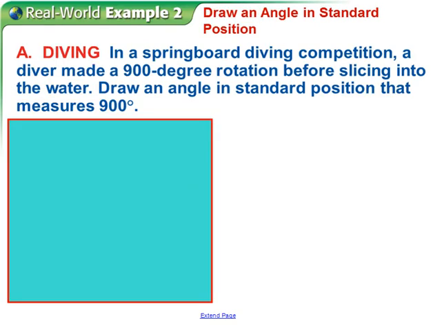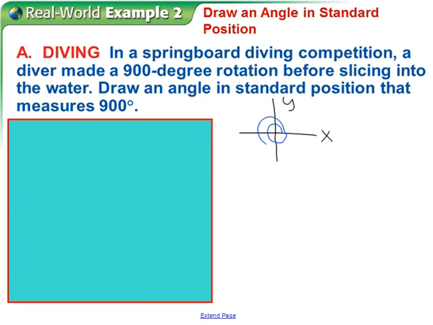Okay, next example. A springboard diving competition. A diver has made a 900-degree rotation before slicing into the water. Draw an angle in standard position that measures 900 degrees. Okay, so start with your x and y axis. And let's draw one rotation, and that would be 360 degrees.